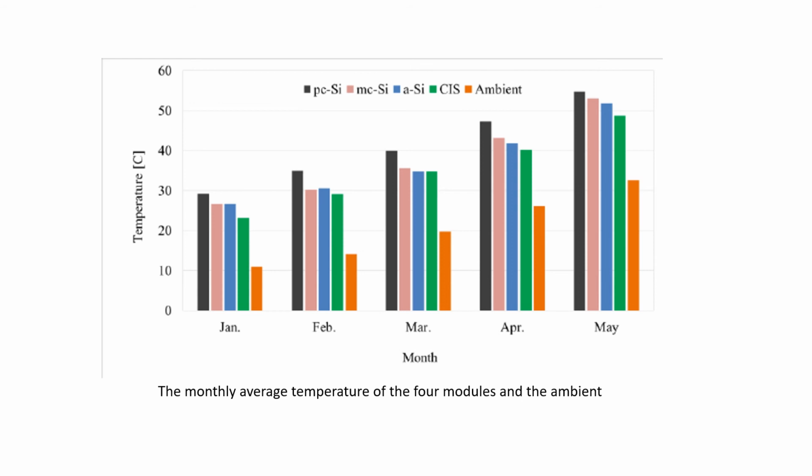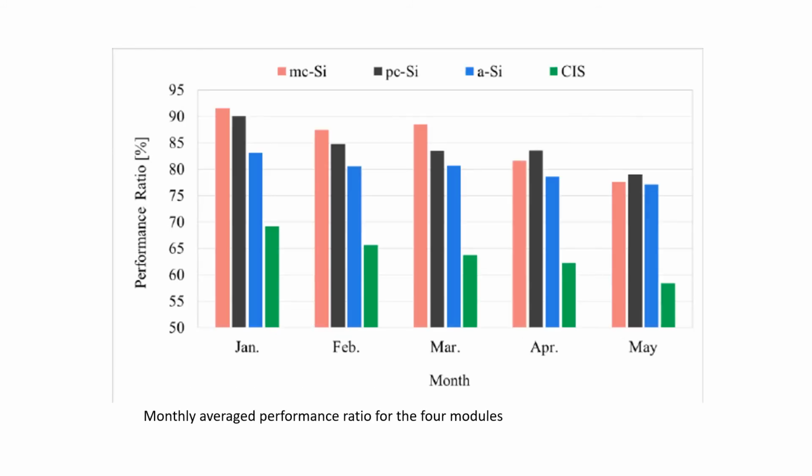In this slide, comparison of results is shown. As we see, the temperature is higher in the month of May. The performance is recorded high in the month of January, explaining that high temperature is not conducive to solar cell performance.